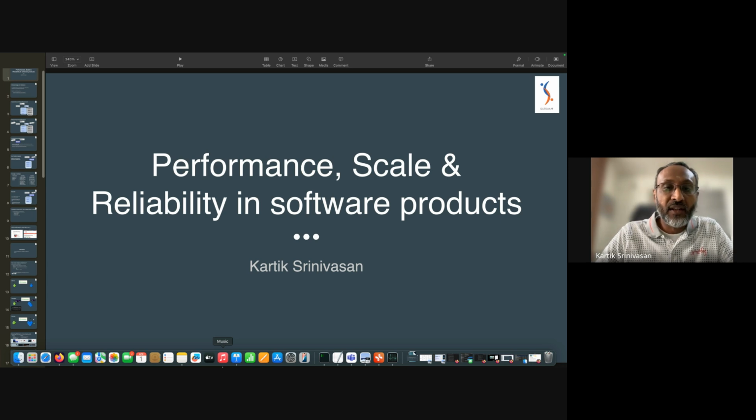What I will be sharing today is a session on performance, scale, and reliability for software products. And we will try and make it a little bit of an interactive, collaborative thing.